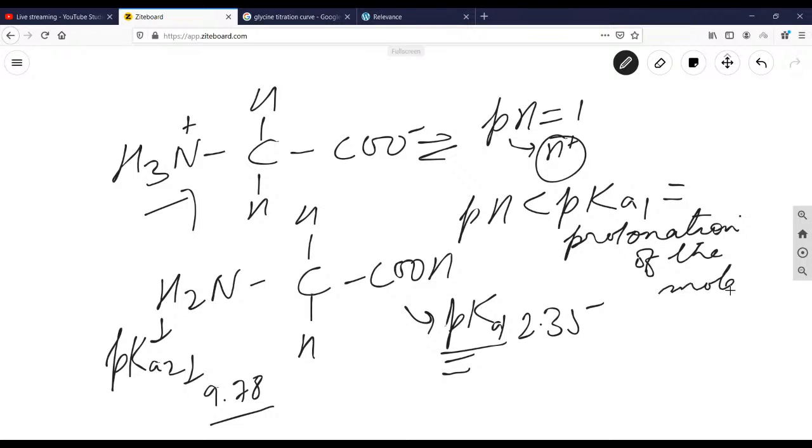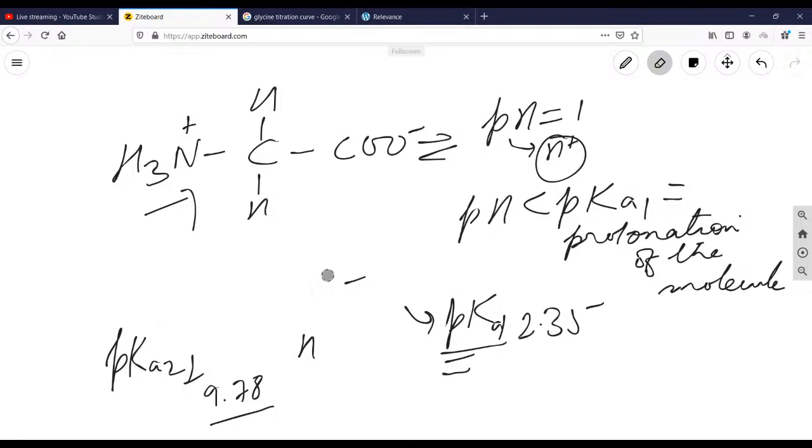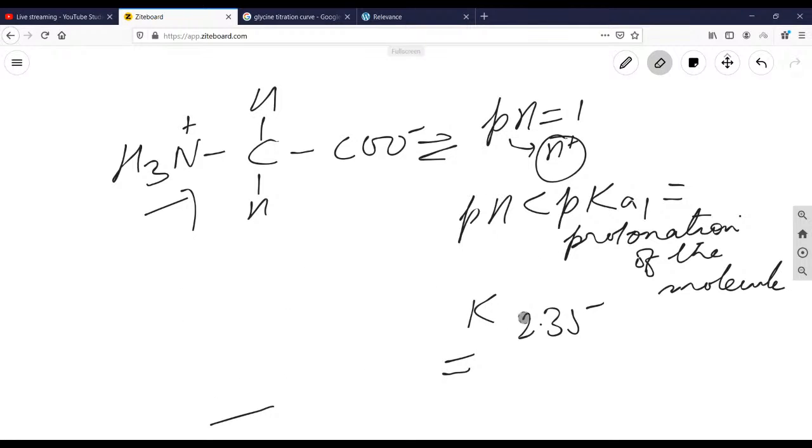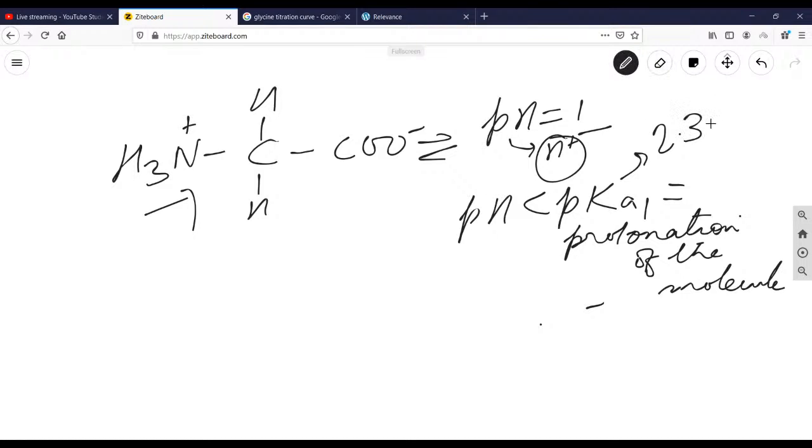Once the molecule gets protonated, because pKa1 is 2.35 and the pH that I have taken is 1, the protonation will completely happen, and the simple molecule will become H3N plus.